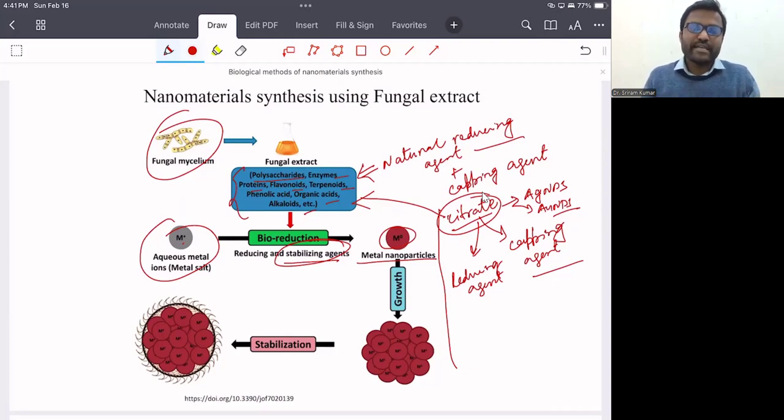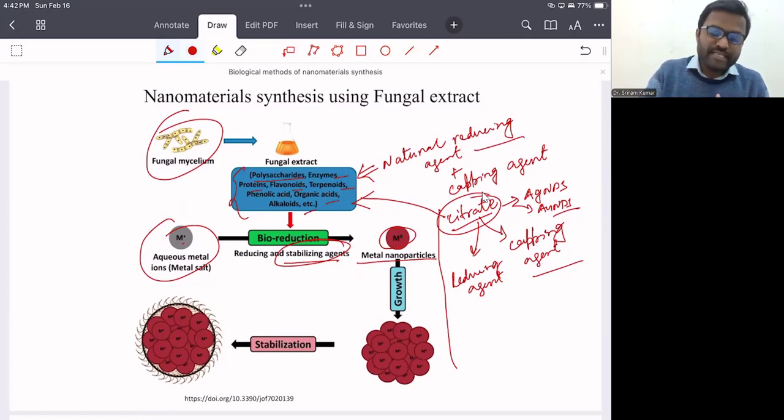Then we also understood different kinds of nanomaterial synthesis using extracts. Till now we understood that if we take a cultured fungus or bacteria, nanomaterial synthesis can happen intracellularly or extracellularly. But we can also extract some useful chemicals, enzymes, and proteins from that biological system, and use them in the synthesis of nanomaterials.